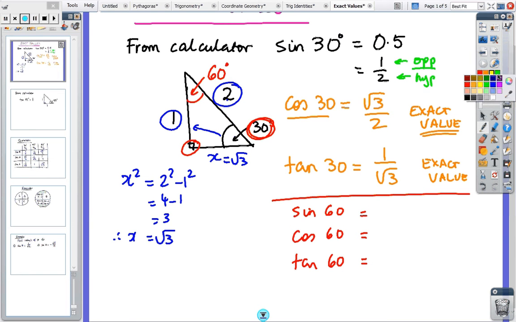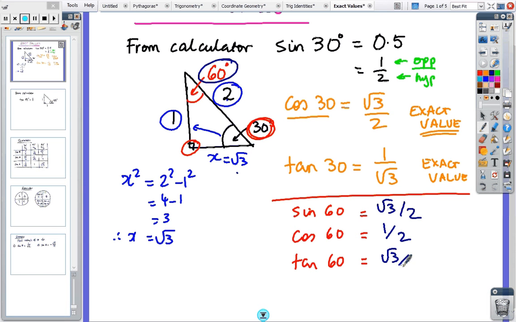So let's try that color. 60's up here and opposite is down here at root 3, and hypotenuse is still 2. Cos 60 is the adjacent over hypotenuse, and tan 60 is opposite over adjacent, which is just root 3. So there's 2 more.